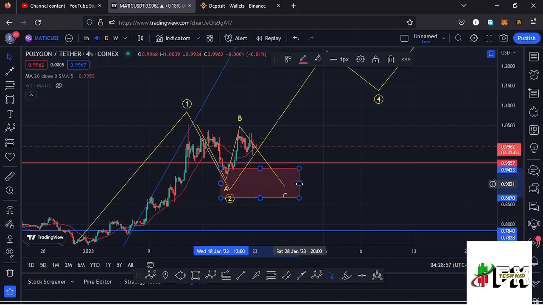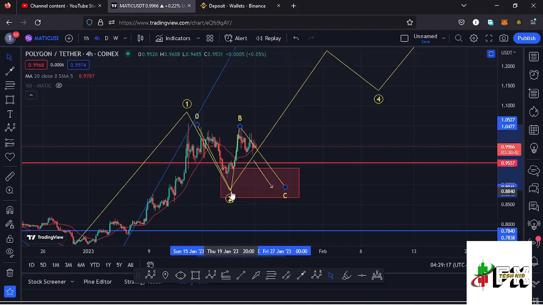So that is the first possible scenario that can play out, and this can only happen in case we lose the 20-day MA here on the 4-hour chart, and also lose the key area of support at around the $0.95 mark. In case that happens and we see a retest of that key area of support, then we can continue unlocking lower prices to fully maximize the formation of that wave C, and also fully maximize the formation of that second wave to the lower side.